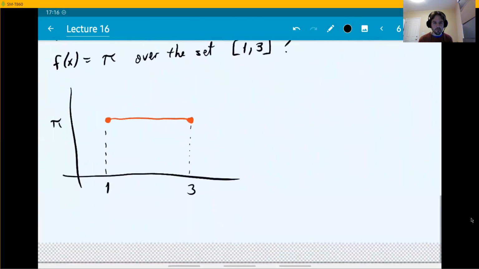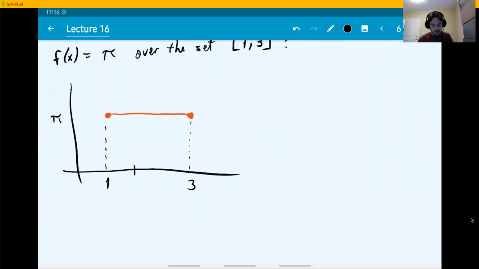Any point between 1 and 3, any x here has this property that f of x is larger than or equal to points around it because it's all pi, and it's also smaller than or equal, again, because those are all pi. So any number between 1 and 3 qualifies as a local max and also a local min, but not 1 and 3 themselves because those are the endpoints.